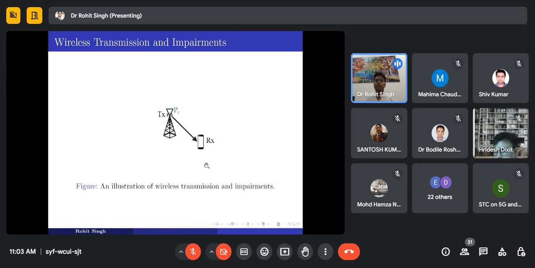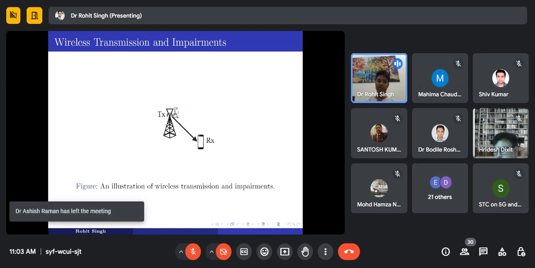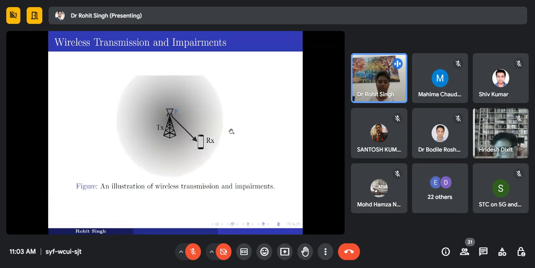This is one typical scenario where a mobile user wants to access some information, which is usually transmitted in the form of electromagnetic signals, where the base station transmits some power PT, and all your information is carried in the electromagnetic wave transmitted with power PT. But as a user, we don't get all the power, and some of the power is degraded.